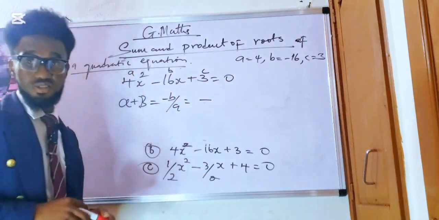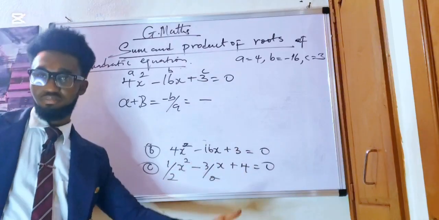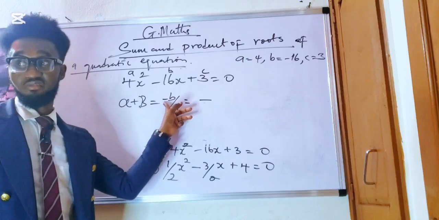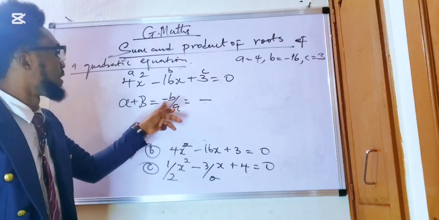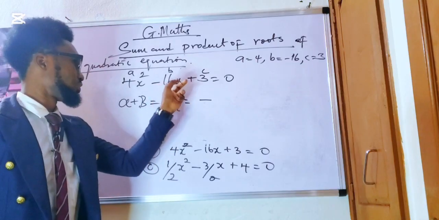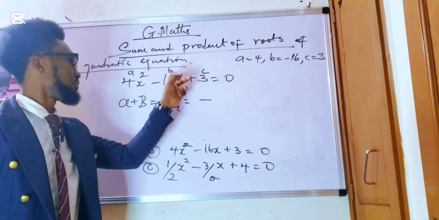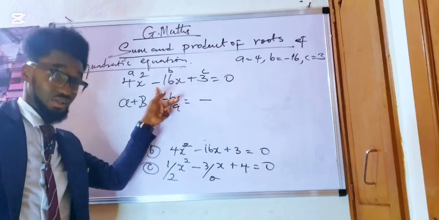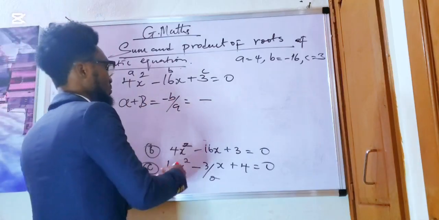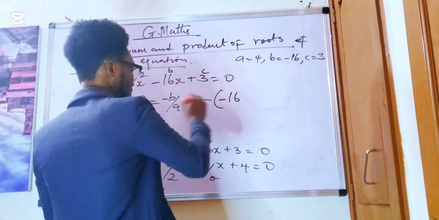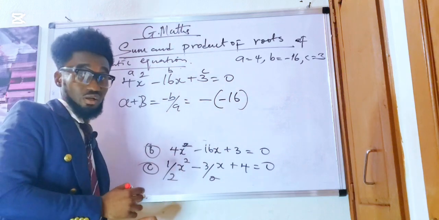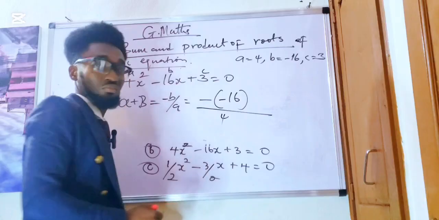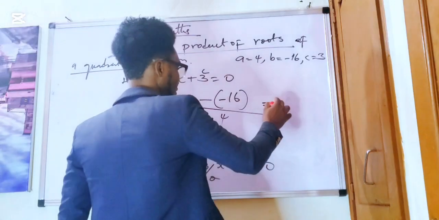Most times the mistake we make here is with the sign, forgetting that the original formula has a minus. The coefficient of x here is minus 16, so we also remember the sign and substitute minus 16 for b, divided by a, which is 4.